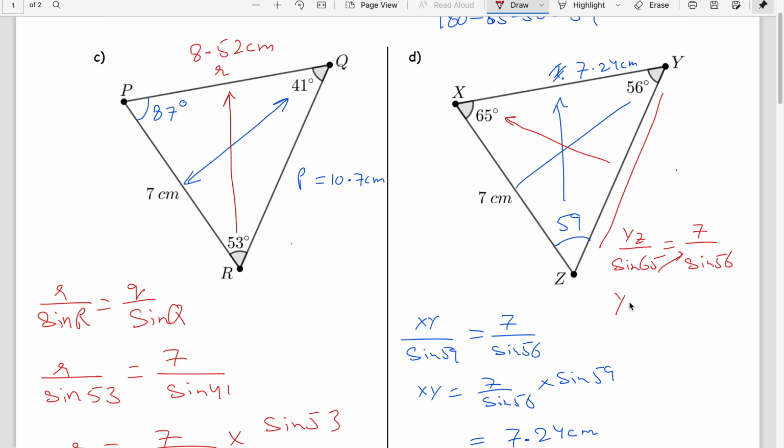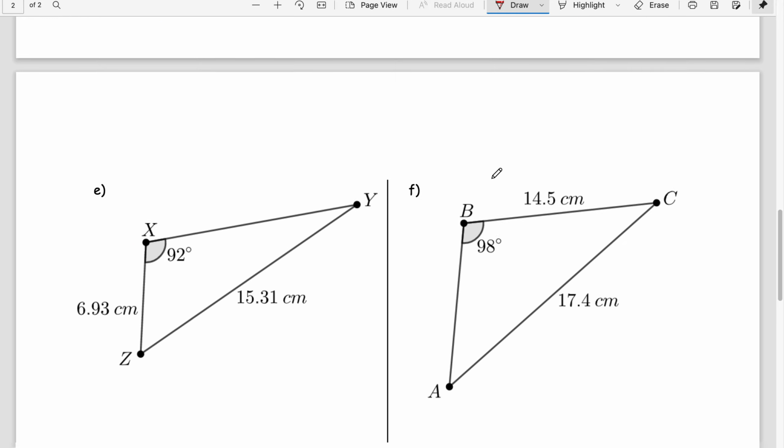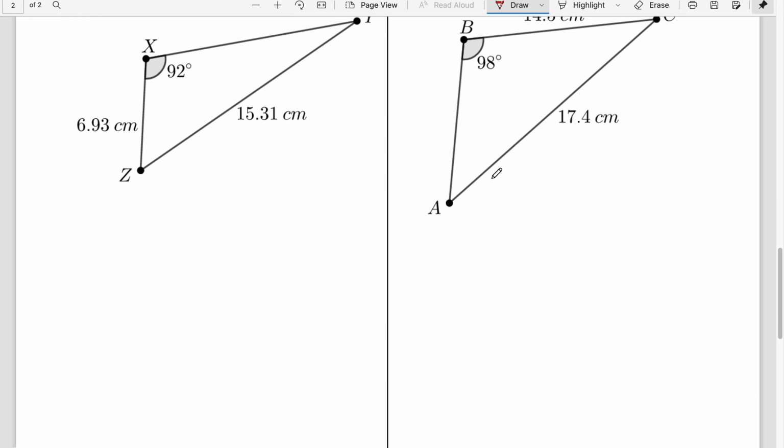Cross multiply, you get yz is equals to 7 by sine 56 times sine 65. So using your machine, you get an answer of 7.65 centimeters. This was one type. We had two known angles and the sides were unknown. Moving on to the next example, now you see we have only one angle but the sides are known.